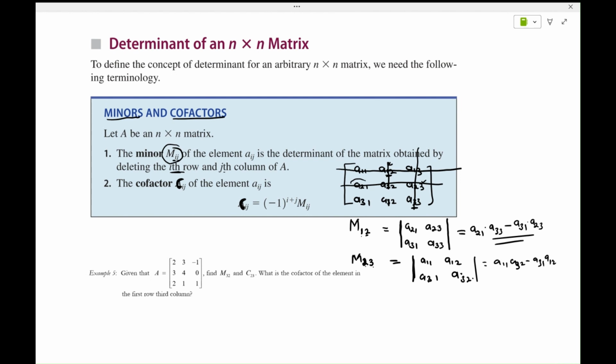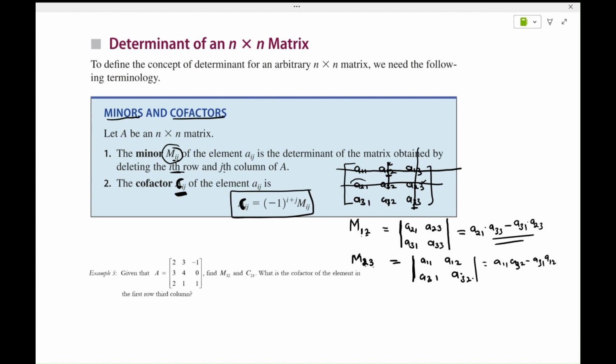Now this is for the minor. Then we also have another one which we call the cofactor. What is the cofactor? Cij is given by this formula: Cij is minus 1 to the power i plus j multiplied by Mij.